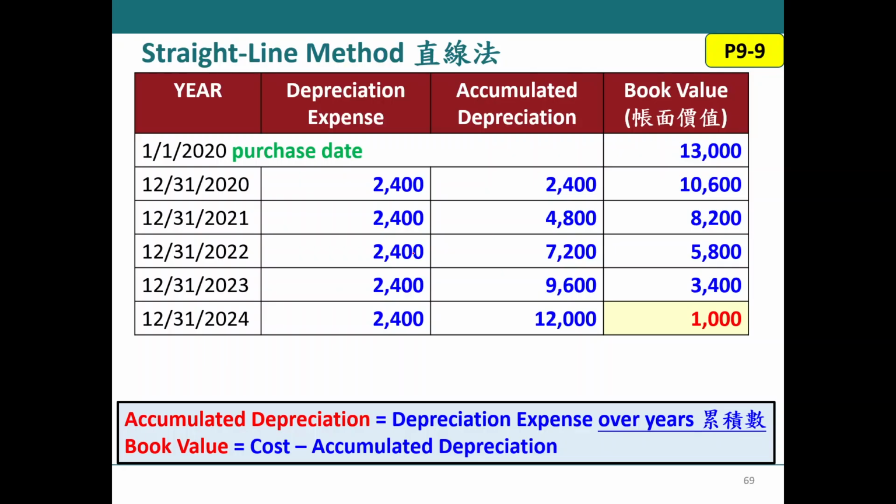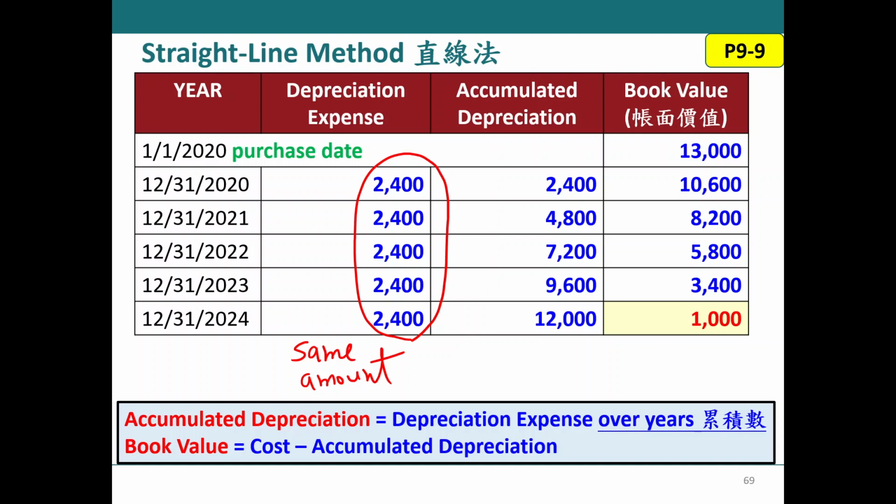Did you find out? You will have a depreciation expense always the same. Why? Because straight line method, you are the old guy. Since you are the old guy, how you use your PP always the same for each year. Okay? So this is a straight line method, same amount each year.